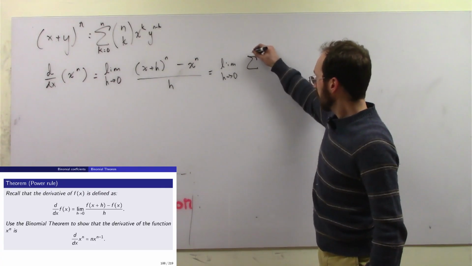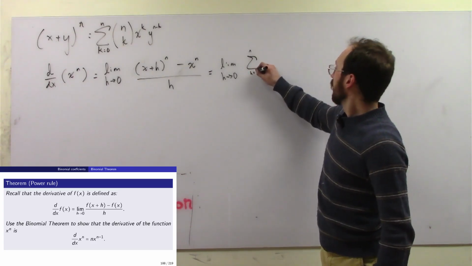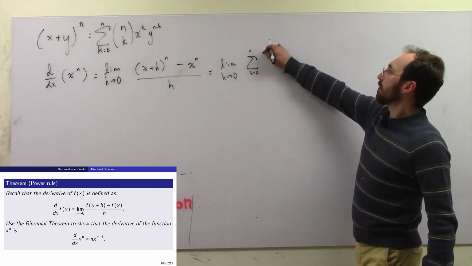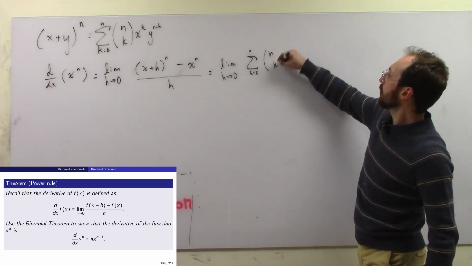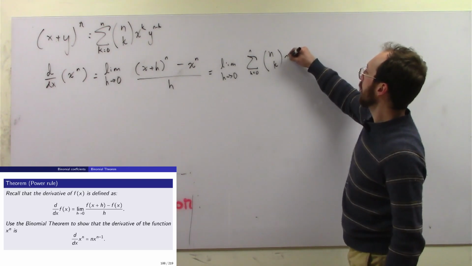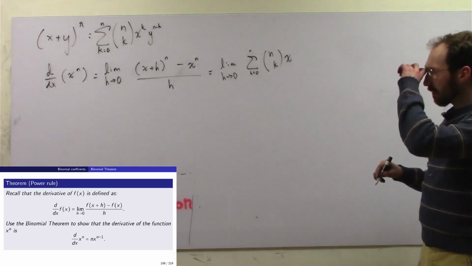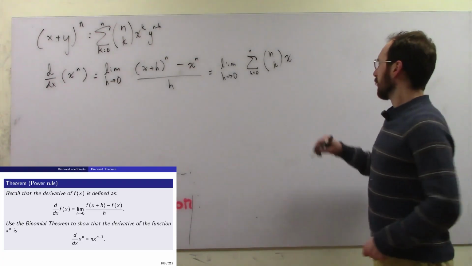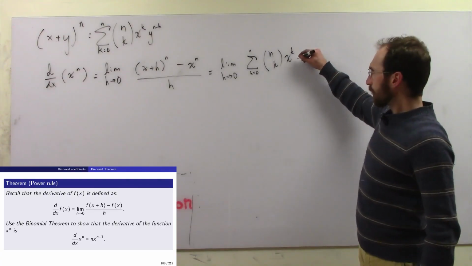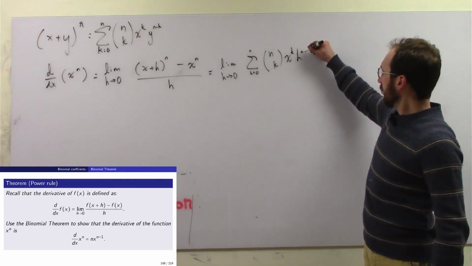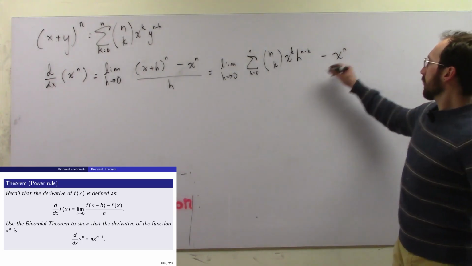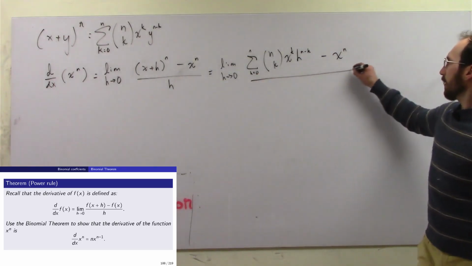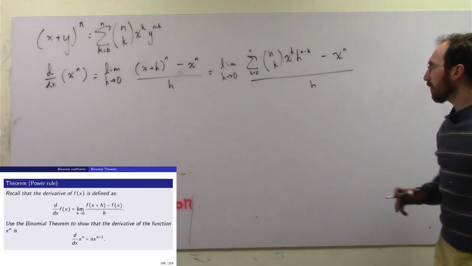We have the sum from k equals 0 to n of n choose k, x to the k, h to the n minus k.